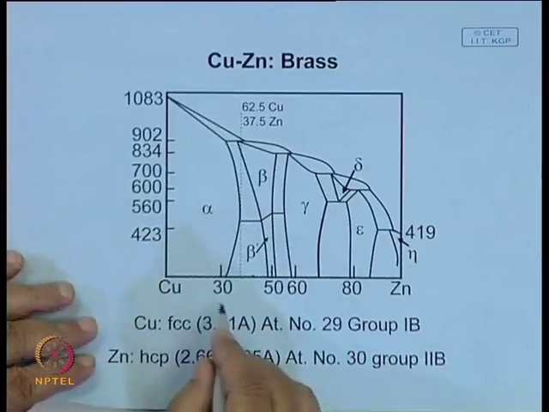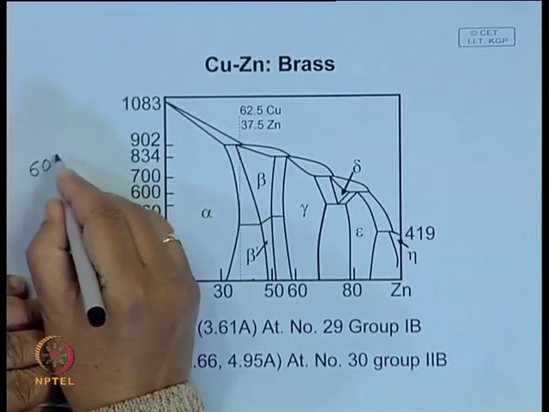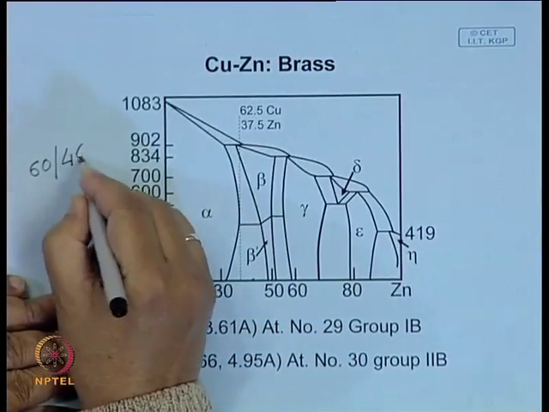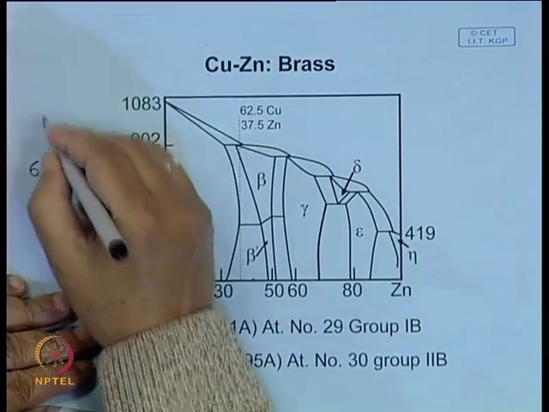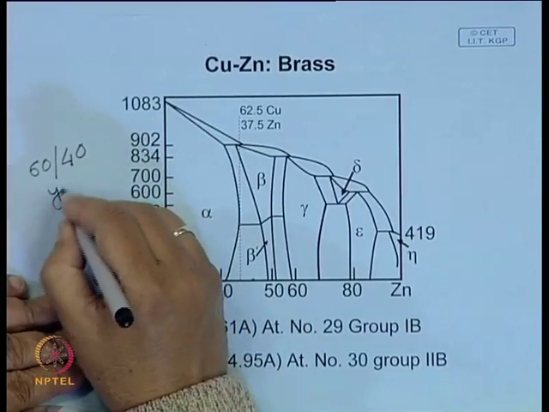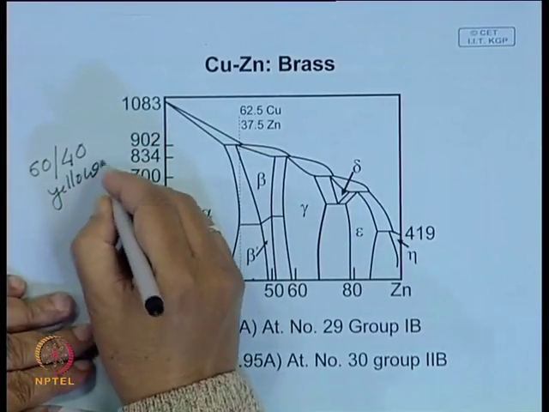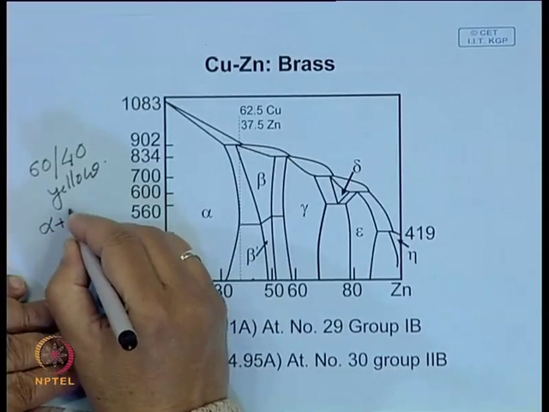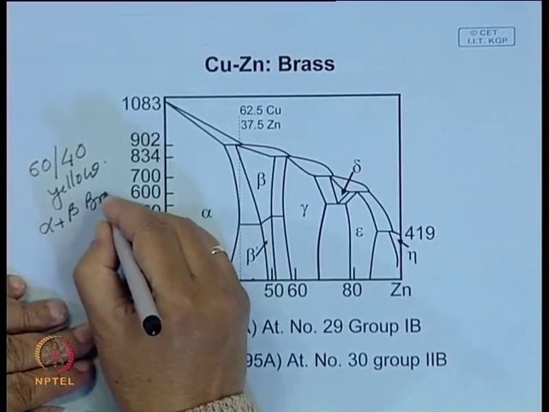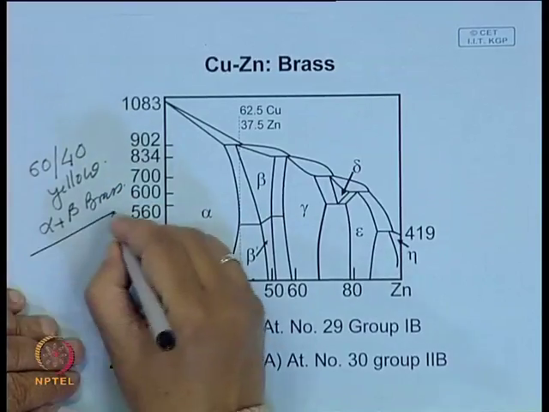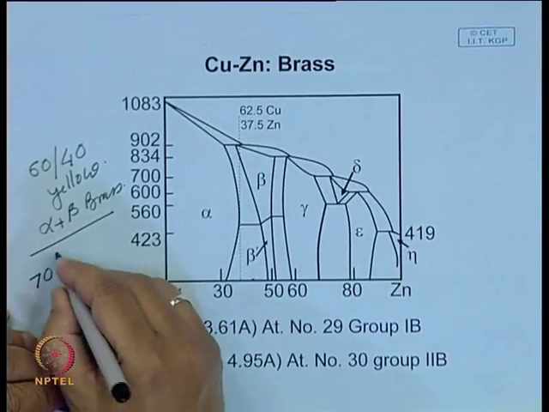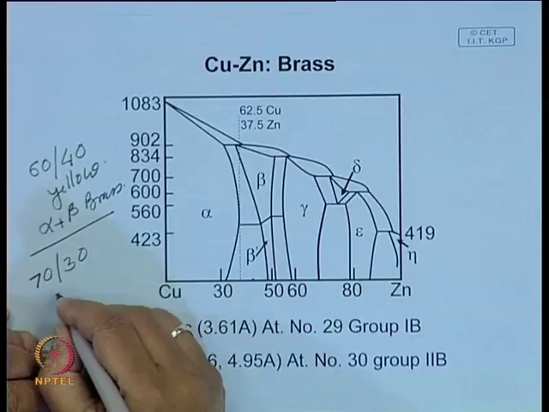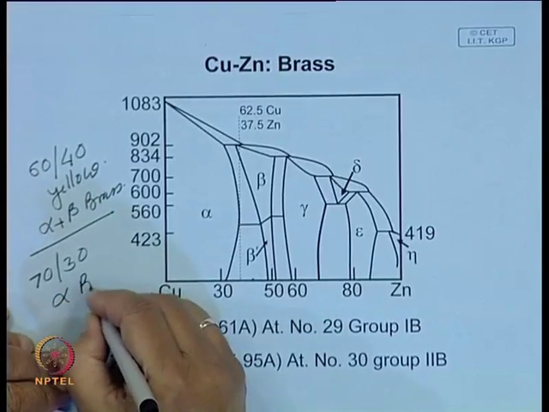So, the structure of 60-40 brass is yellow in color, and it is called alpha beta brass. And 70-30 brass is a single phase, it is called alpha brass.